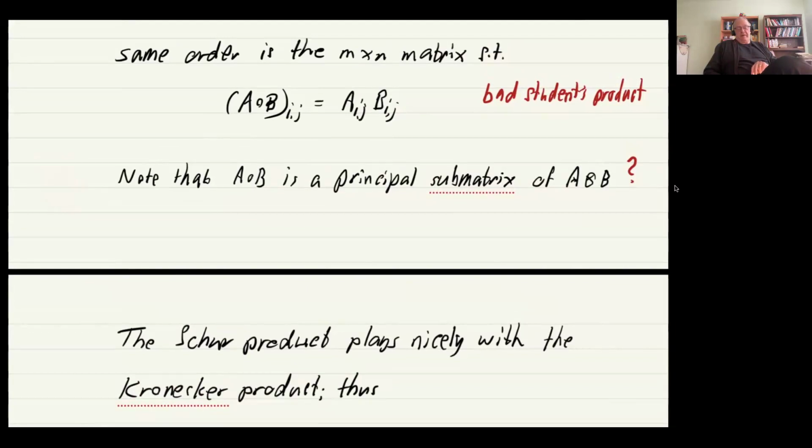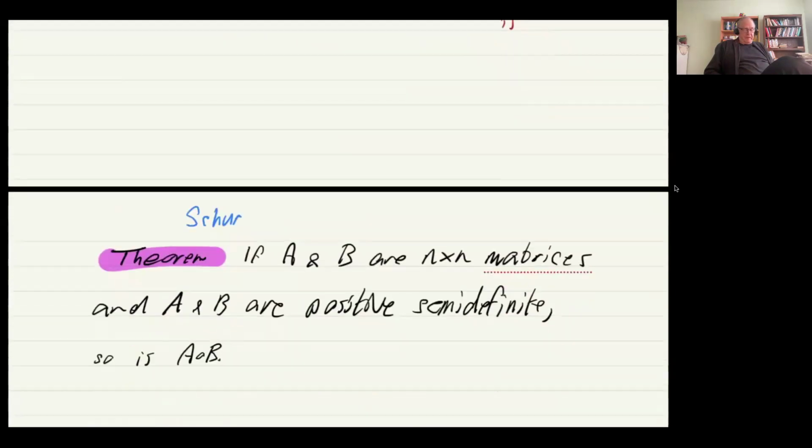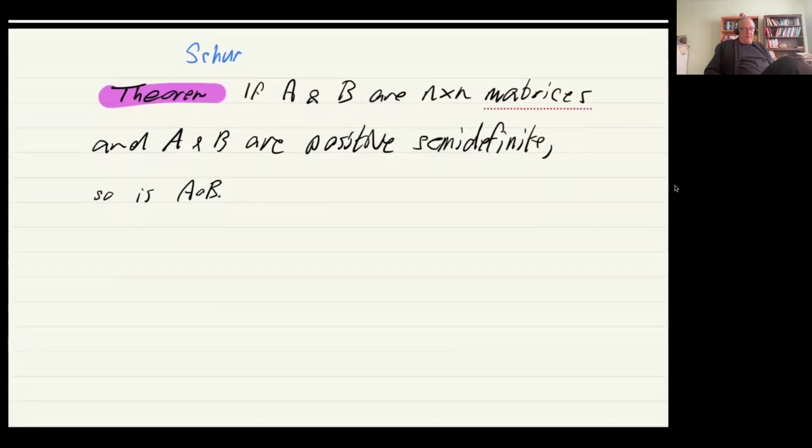I'd like to say the eigenvalues are non-negative, but we haven't determined the eigenvalues of the tensor product yet. On the other hand, it is in fact true that the eigenvalues of A tensor B are the products of the eigenvalues of A with the eigenvalues of B, and you may use that. I may eventually ask you to prove it, but you may use that in any other exercise. I don't want to make your lives more miserable than they have to be. So we have Schur's theorem.